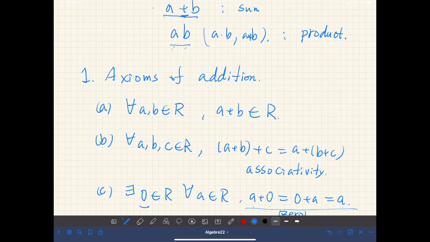First axiom, this closure condition. Closure condition means that this ring is closed under addition.